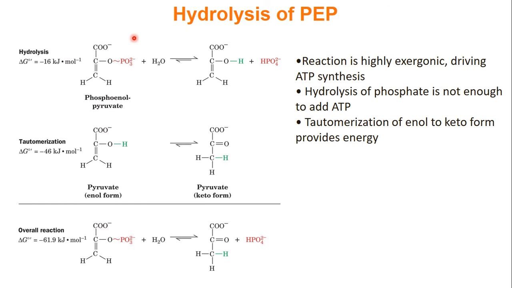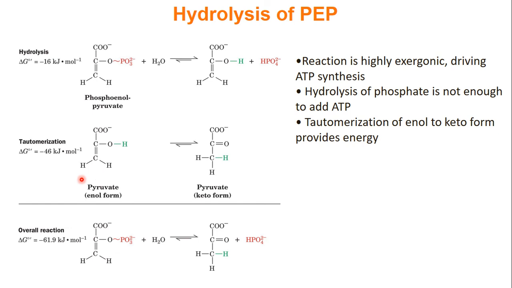So what's interesting about PEP is that just cleaving of the phosphate, even though it's negative 16 kilojoules, is not enough energy to actually make ATP. You need roughly minus 38 kilojoules to do that. What does give us our energy, though, is taking pyruvate in the enol form and just transferring it to the keto form.